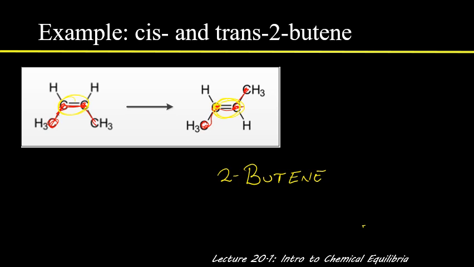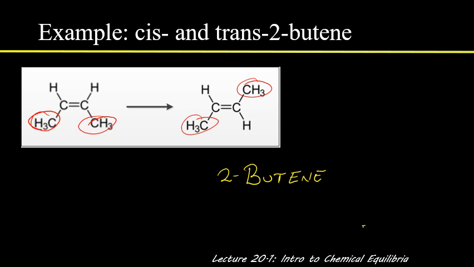Okay. Now there are two different ways of making 2-butene. You can have these CH3 groups here on the same side of the double bond or on opposite sides of the double bond.